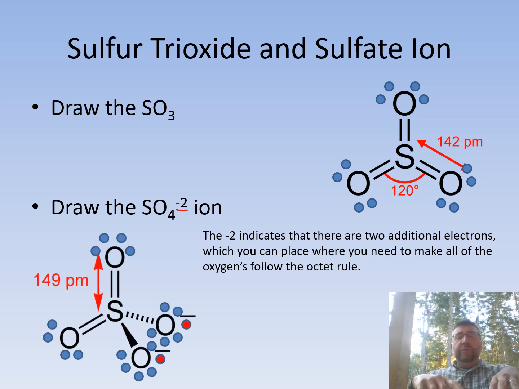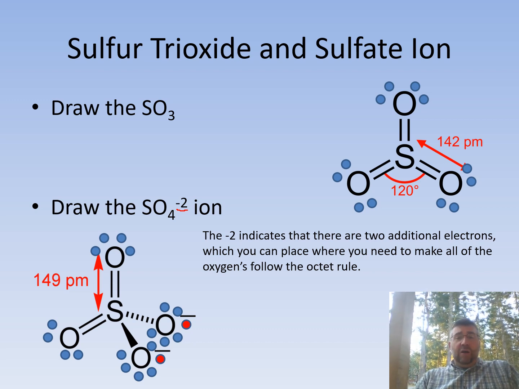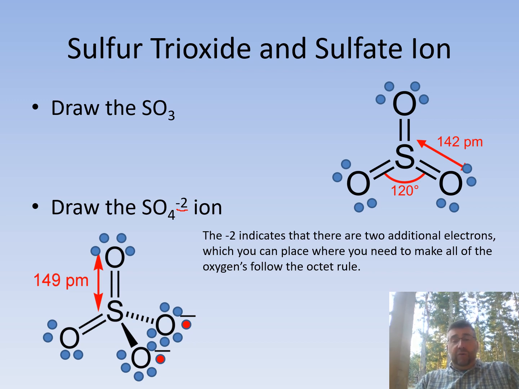This is the sulfate polyatomic ion. What will happen is that we've got our 2 double bonded oxygens, each oxygen following the octet rule with 8. Sulfur is then going to single bond to the other 2 to make 4 attached to the sulfur. But when that single bond occurs, each oxygen has 7 valence electrons.